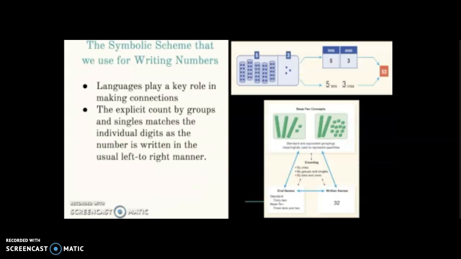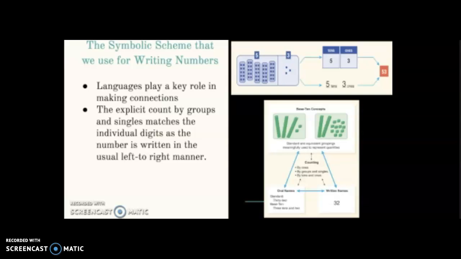The symbolic scheme that we use for writing numbers. So right here, we're going to talk about language, how it plays a key role in making connections, creating not just one-to-one correspondence, but now how the 3 is known as ones and the 5 is becoming a 10.